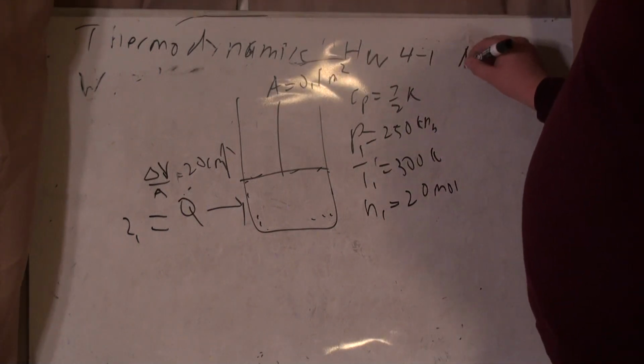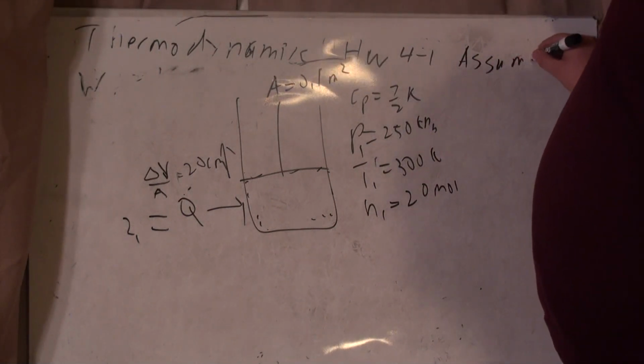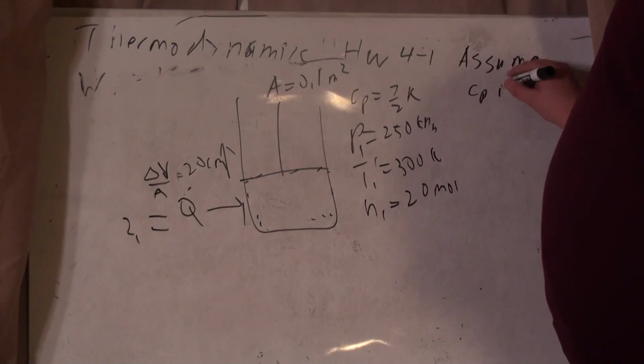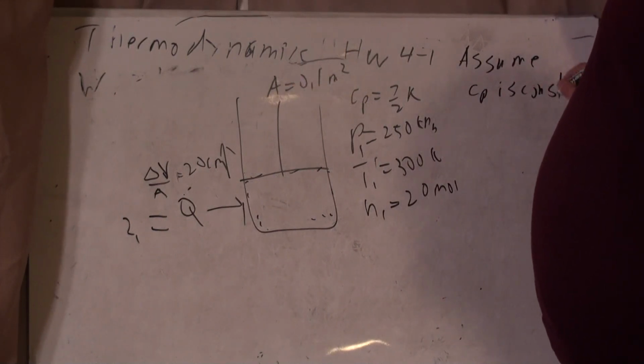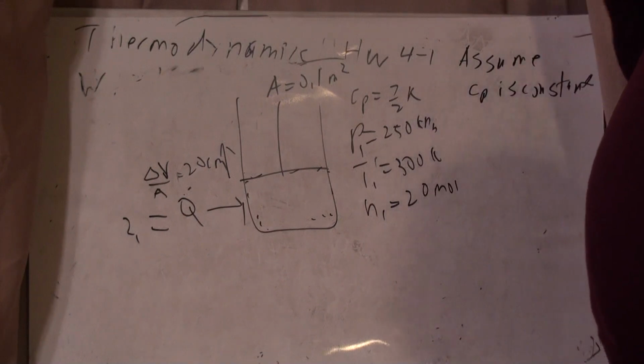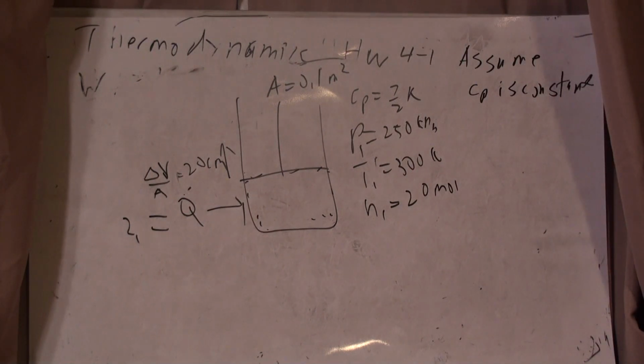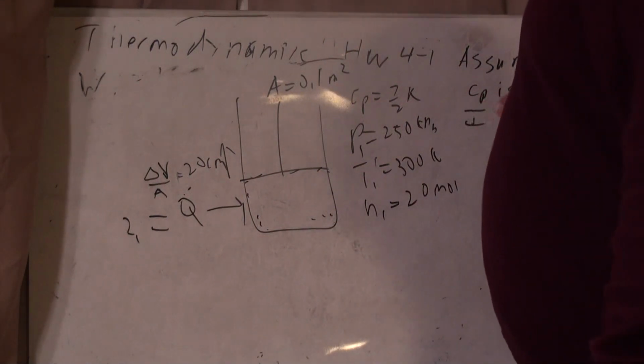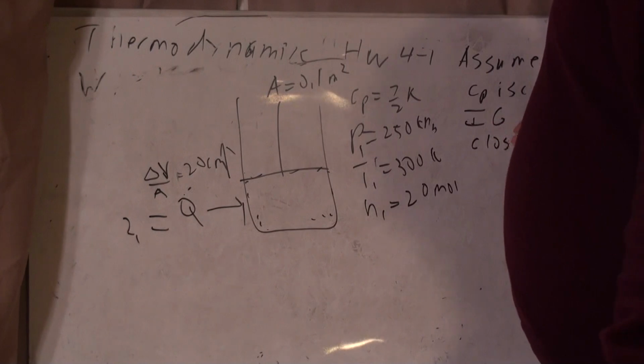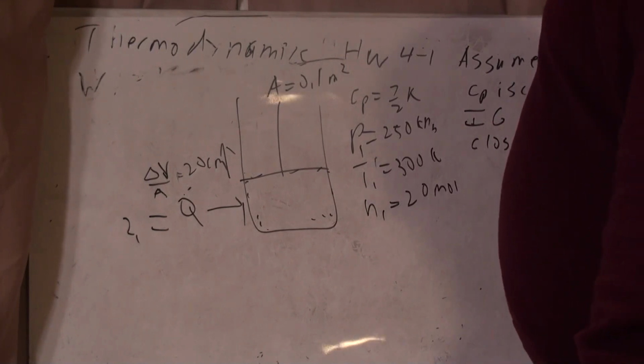But the ones that seem immediate right now: it looks like our heat capacity is constant. I think it said an ideal gas. Yes, it does say an ideal gas, so I'm going to assume an ideal gas. I'm going to assume it's a closed system, there's no leaks or anything.